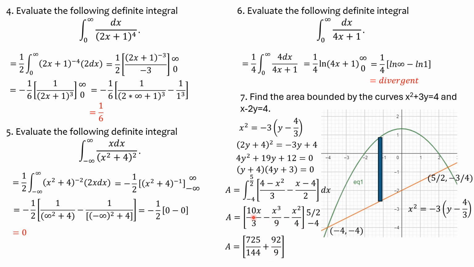Minus the lower limit: 10 times negative 4 over 3, minus (negative 4) cubed over 9, minus (negative 4) squared over 4, which is negative 92 over 9. Combining, the area is equal to 2197 over 144 square units, or approximately 15.257 square units.